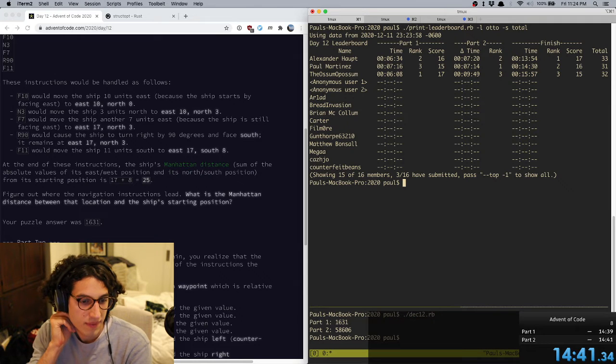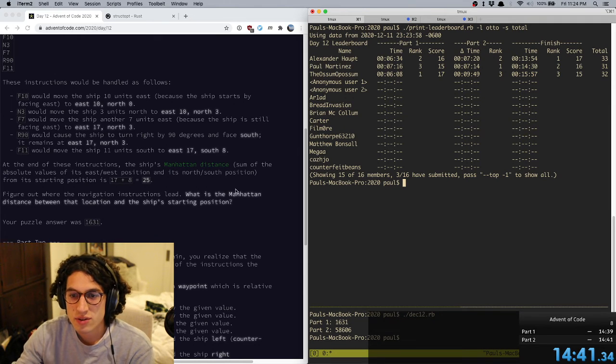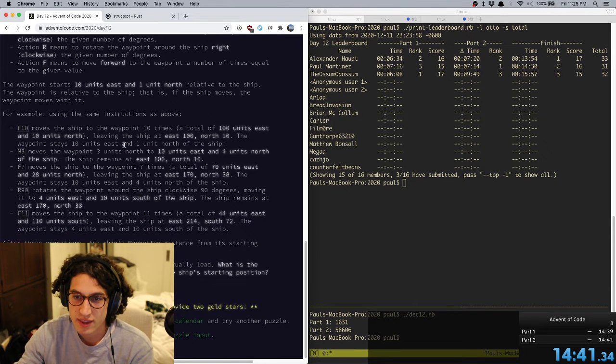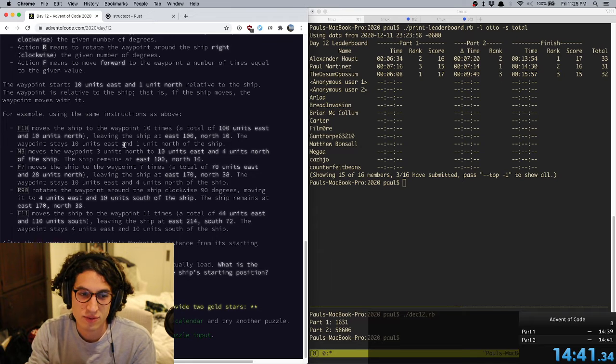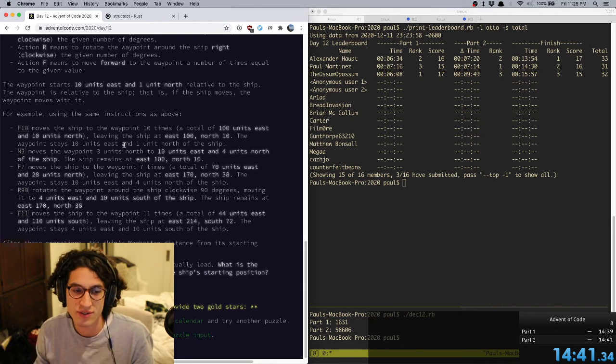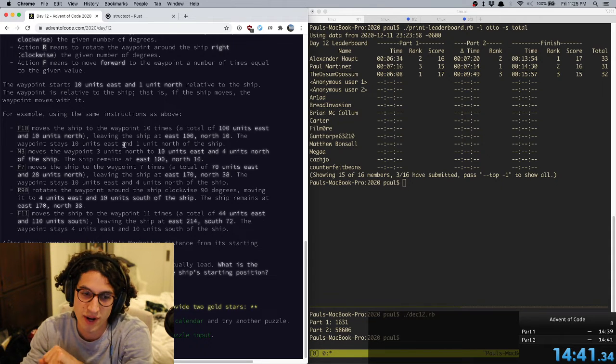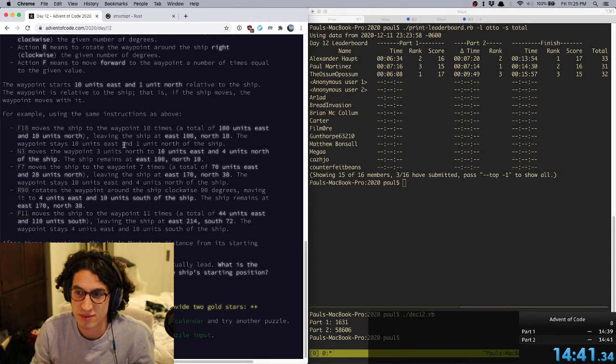Were you confused by this waypoint thing? I thought that the waypoint was a fixed location, and then when it rotated around the ship, it was in that spot and you rotated it around the ship, rather than it always being relative to the ship.